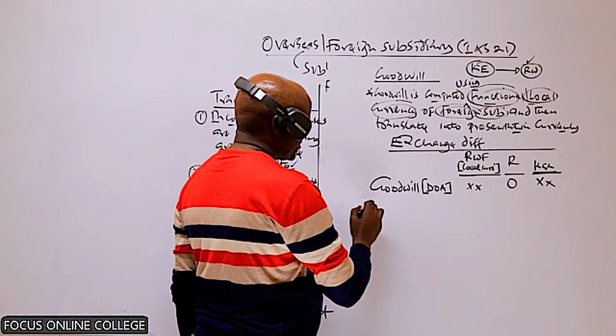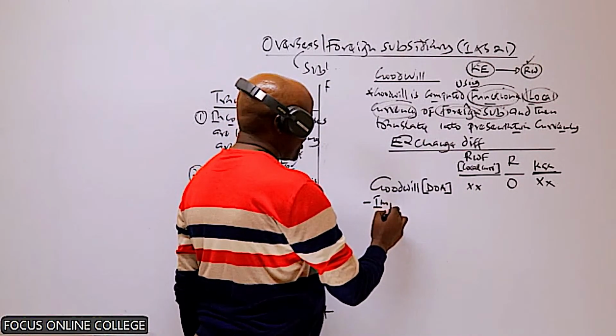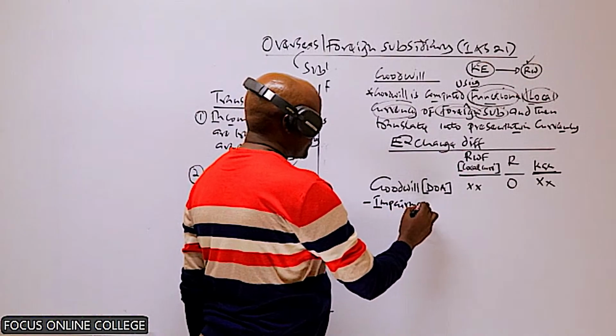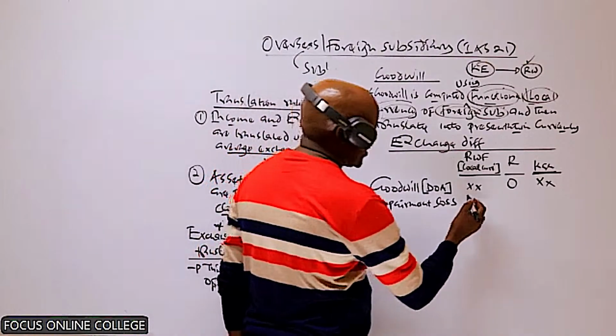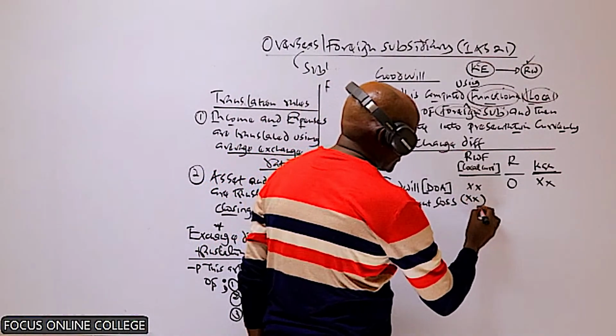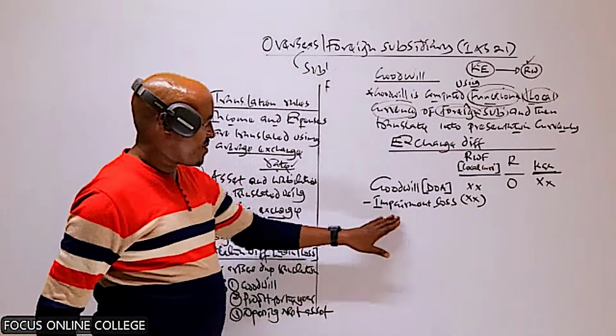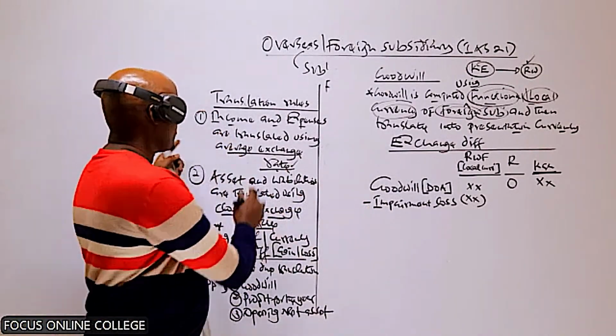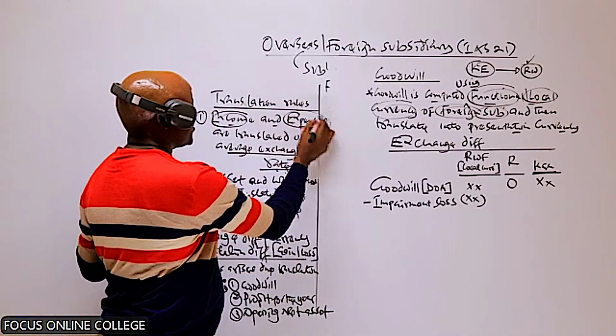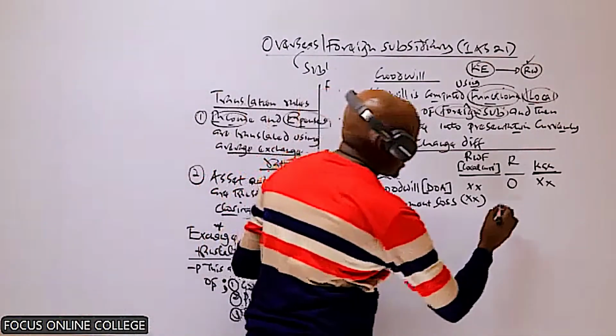And then we less any impairment loss. This particular goodwill will automatically have been impaired. Because this impairment loss is an expense, you have to remember what you have said here. Any item of income or any item of expense will be translated using which rate?